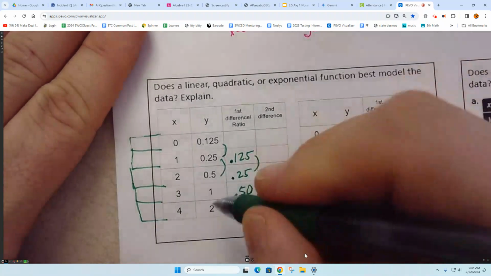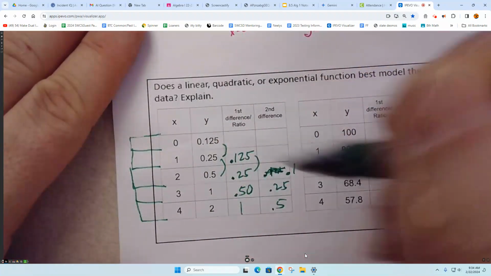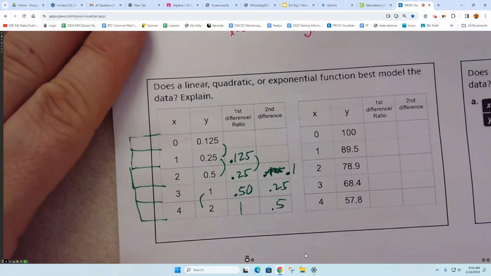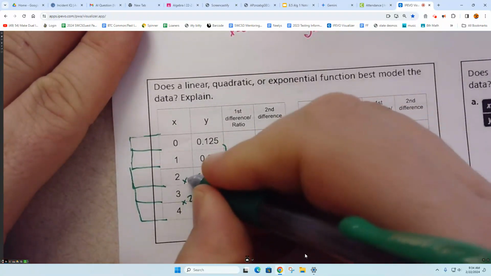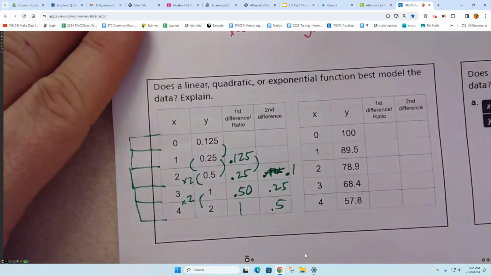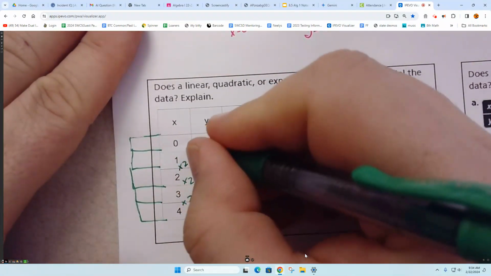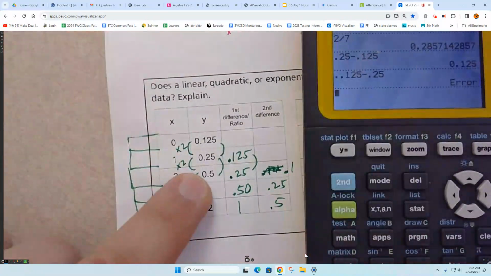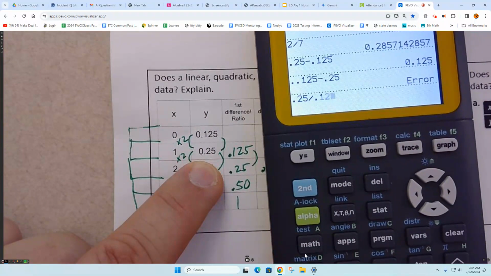I look here and see that this number has been changed by, I feel like I want to write it here, being times by 2. How about here? Times by 2. How about here? Times by 2. And I could confirm that: what is 0.25 divided by 0.125?